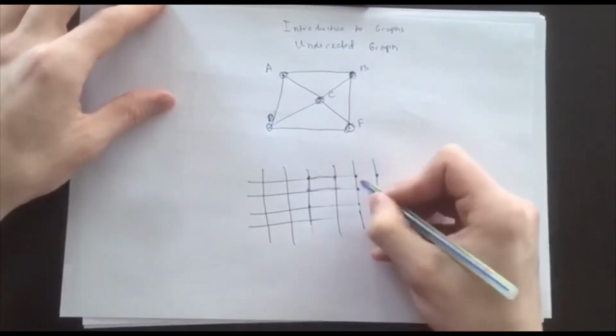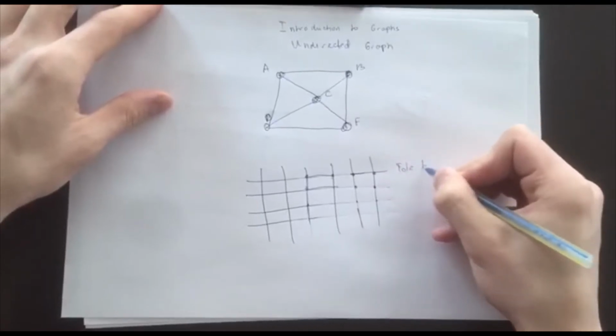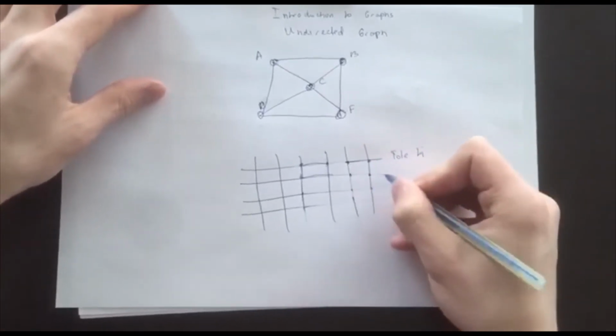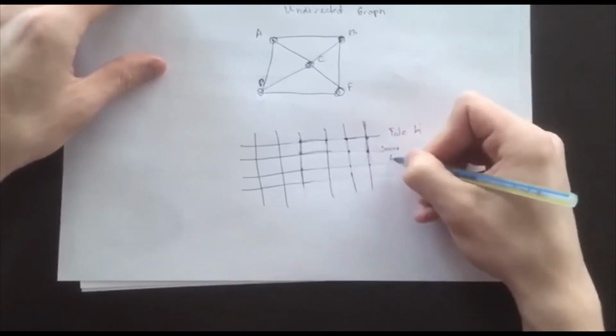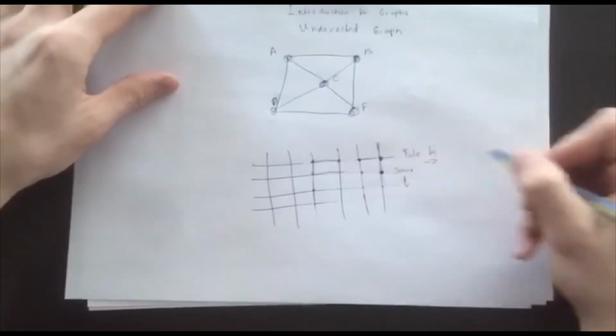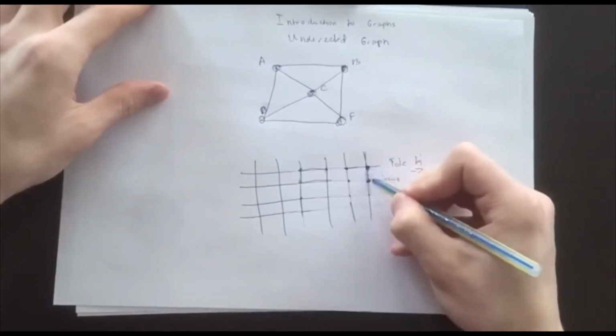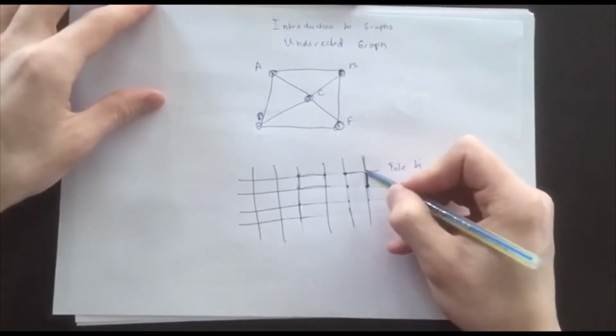For example, the intersection gives the name to the B street, and this is Sina street, the y-axis, and the intersections. The edge, the street, is the edge connecting the two vertices.